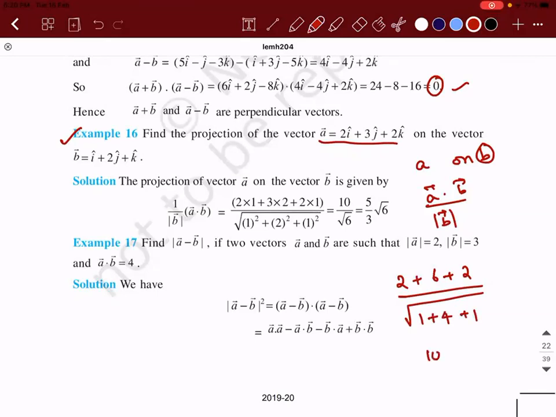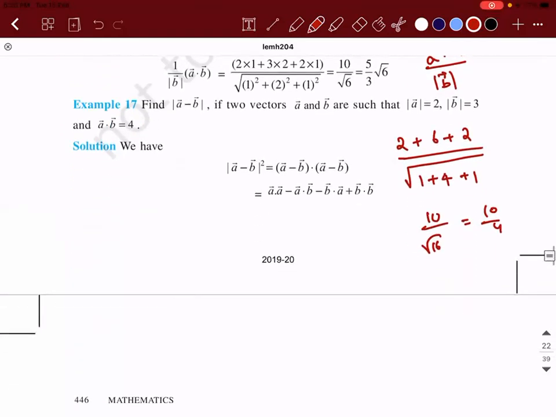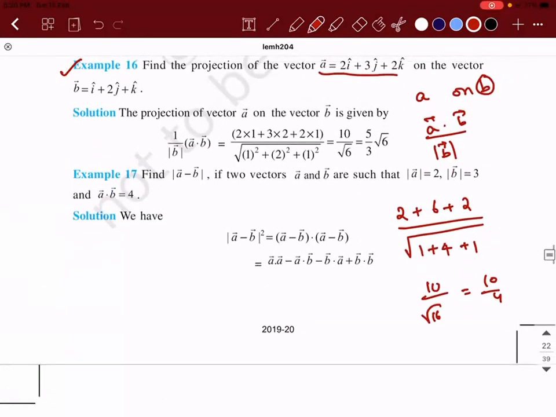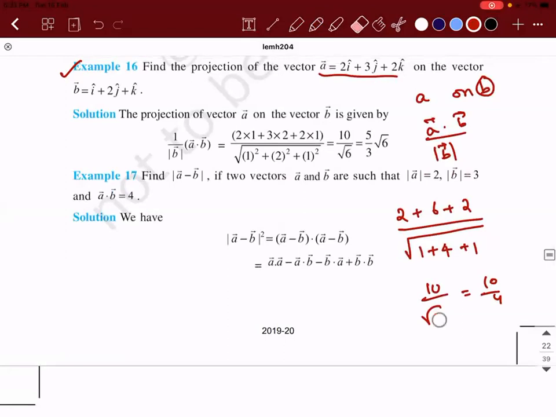So it will be 10 divided by root 6, sorry. If you rationalize it, you get 10 root 6 divided by 6. So 5 root 6 divided by 3.